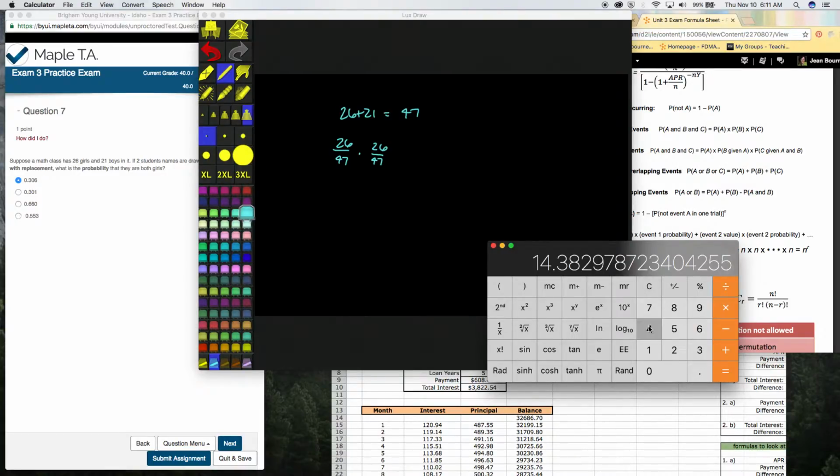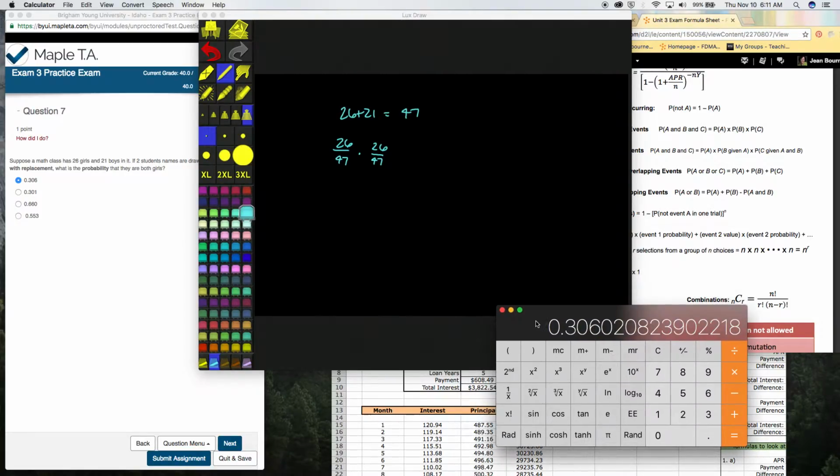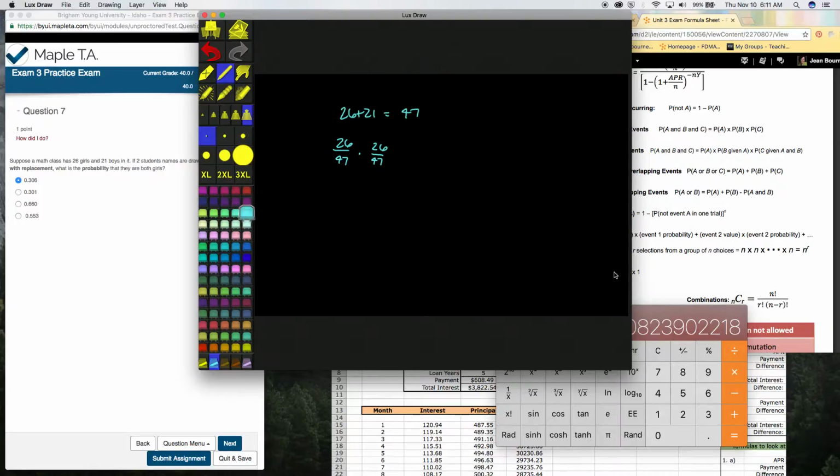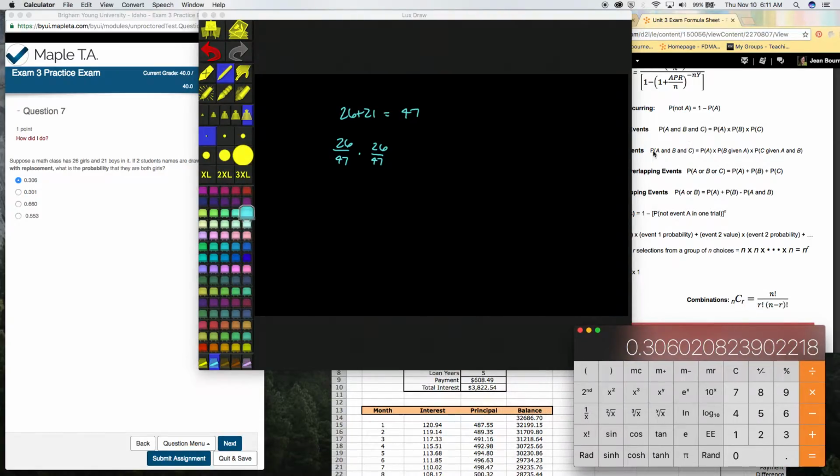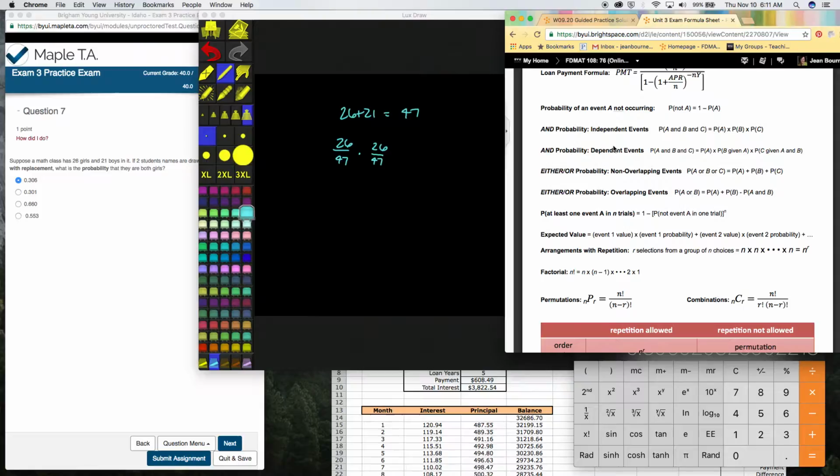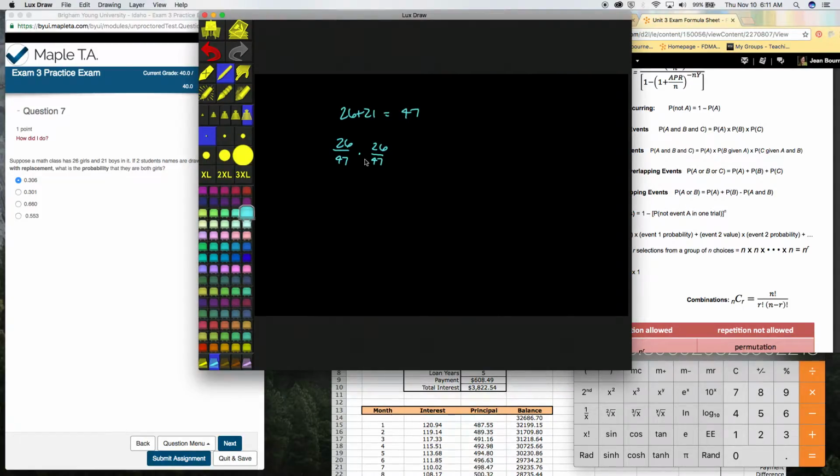It should work this way, but let's see. There it is. I must have clicked something wrong. Okay, so that's the right answer, 30%. Fairly easy. Just remember, you have to determine if they are independent or dependent. Does your second event change because of the first event?